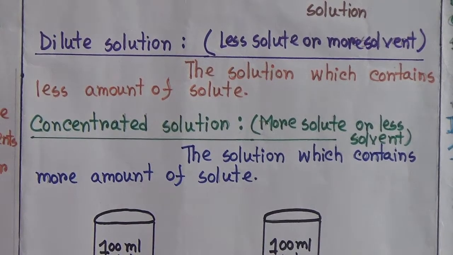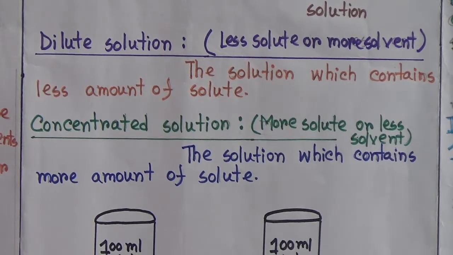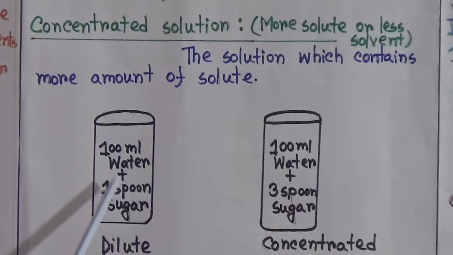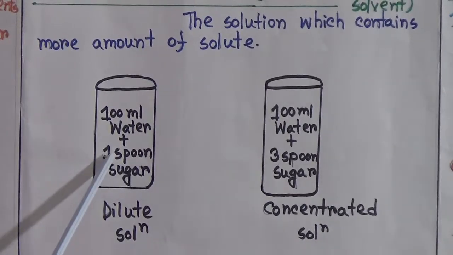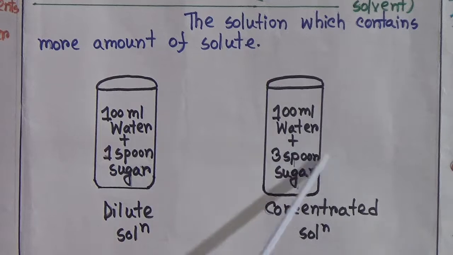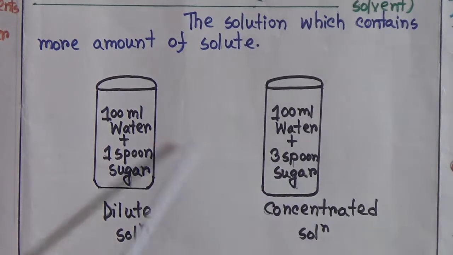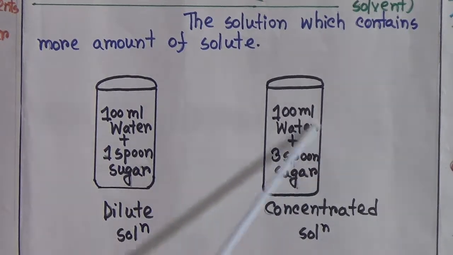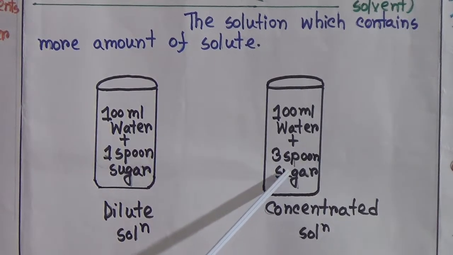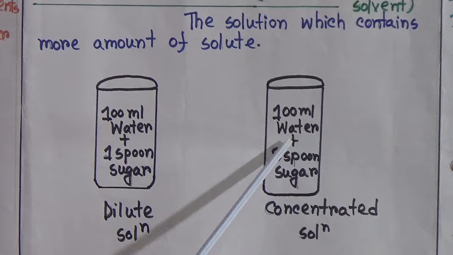So at first we have to take 100 ml water in two beakers. Then in the first beaker we will take 1 spoon of sugar, and in the second beaker we will take 3 spoons of sugar.